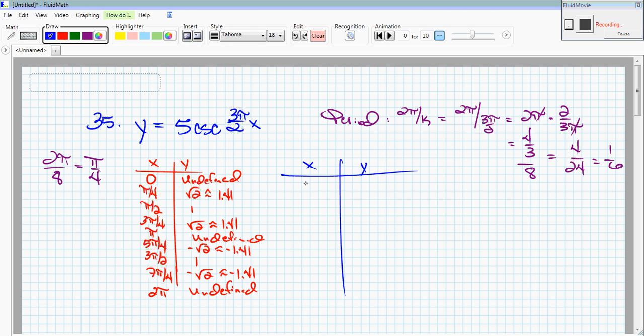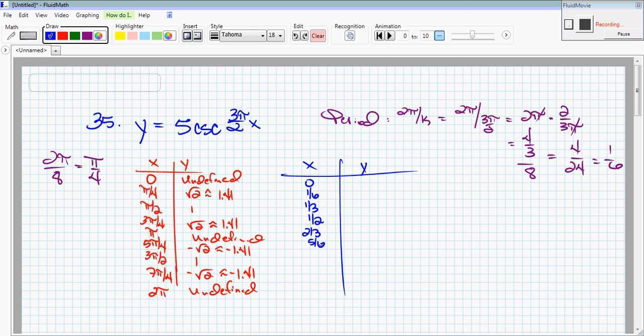So with that in mind, we could do it this way. Start at 0, there's no phase shift, and then we go up to 1/6 and 2/6, which is a third, and then 3/6, which is a half. Then 4/6, which is 2/3.